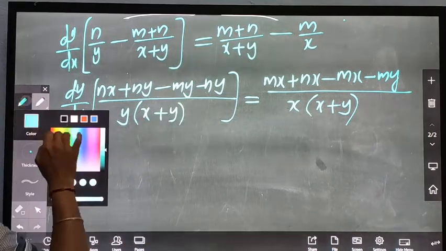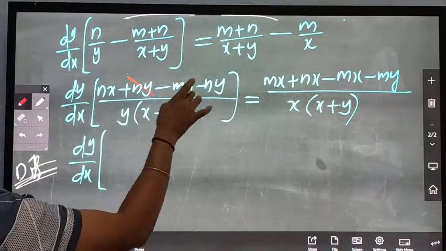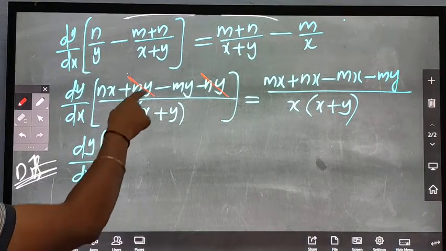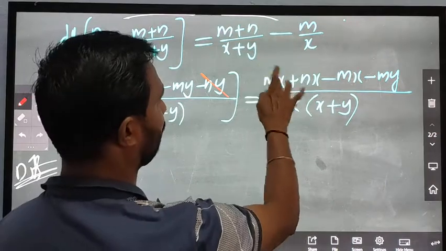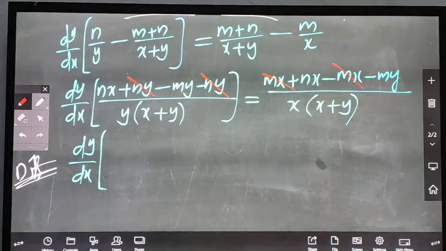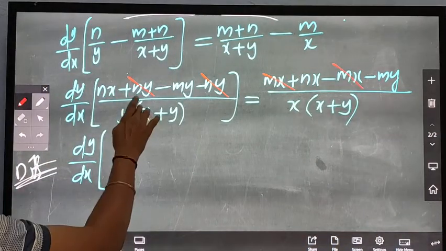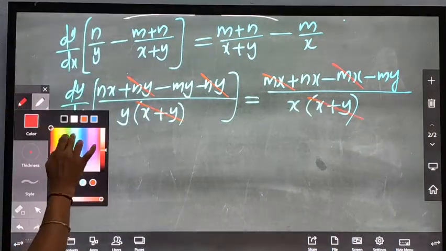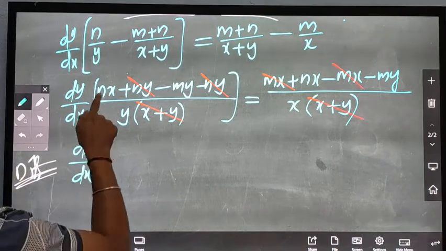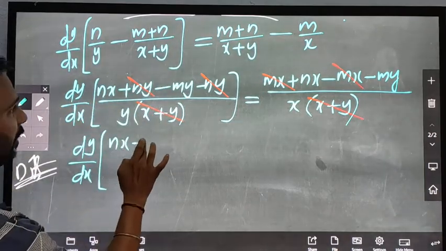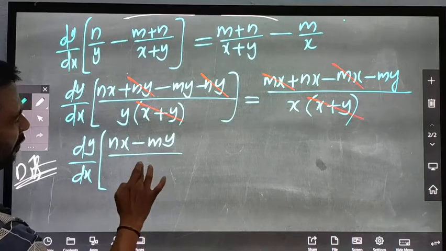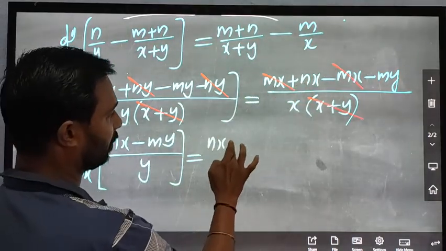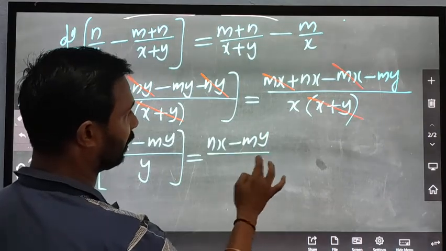You see here, ny cancels. Here, mx cancels. This x plus y on both sides cancels. Now write the remaining: dy by dx into nx minus my divided by y is equal to, again, nx minus my divided by x.